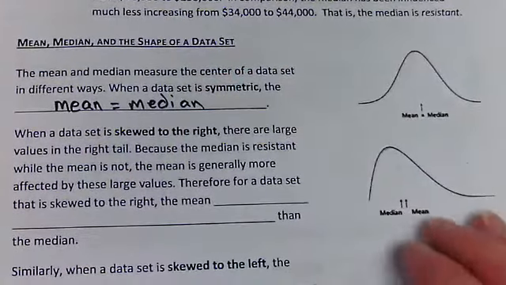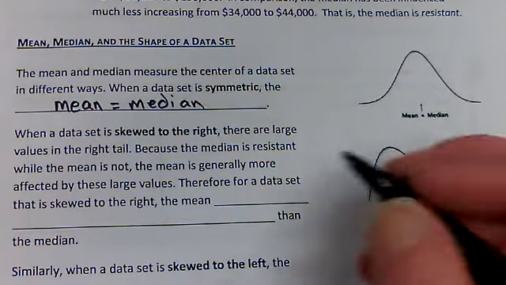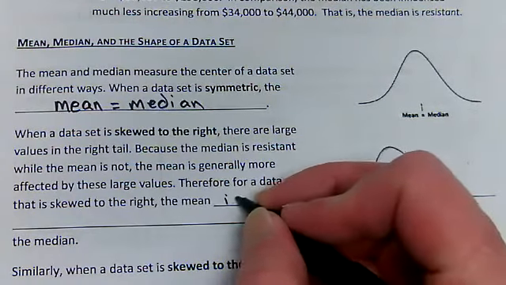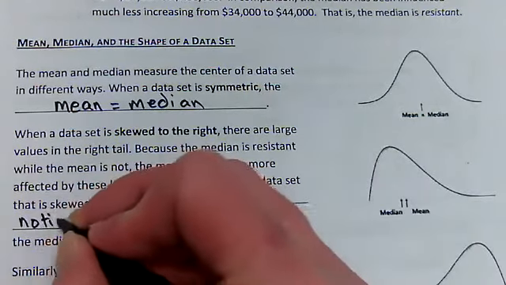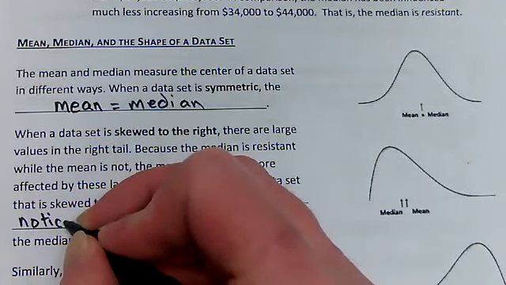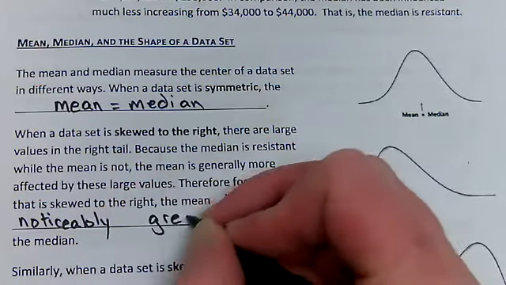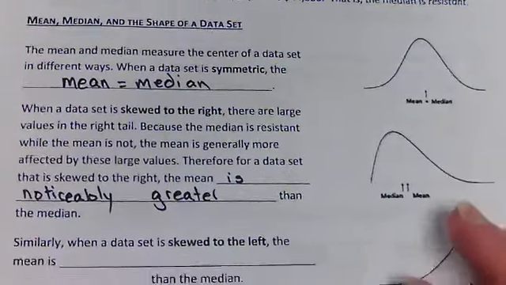Now, when the data is skewed right, that means we have that $1 million winner over here. That means my mean is noticeably greater than the median because it's been pulled by that $1 million winner.